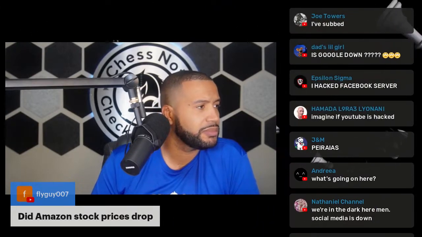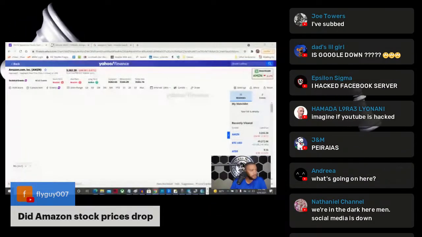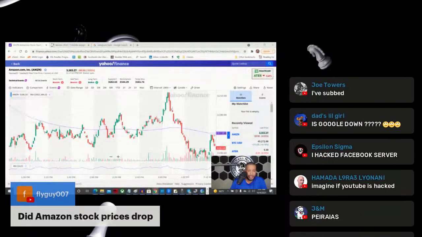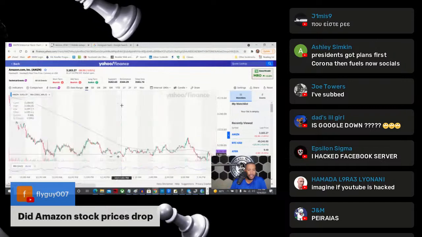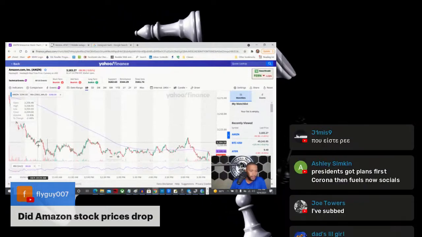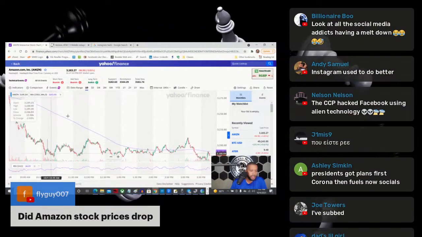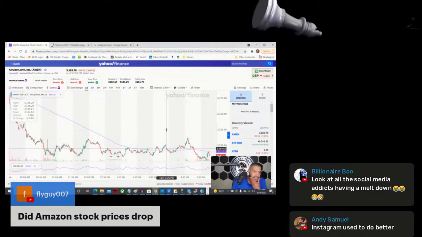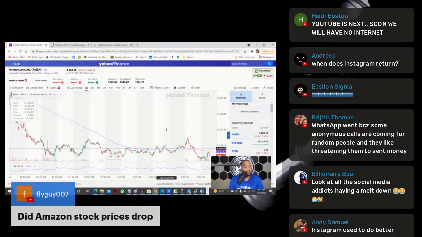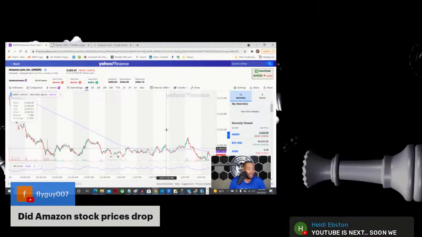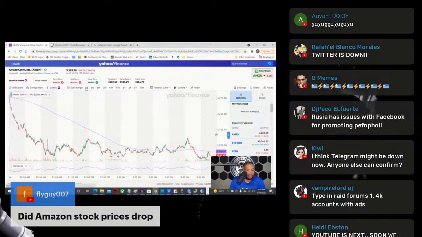It did drop 3%. Let me see, we'll do one day. It started dropping early this morning and went down all day. So I don't know what's going on here, but Amazon is down 3% for the day.